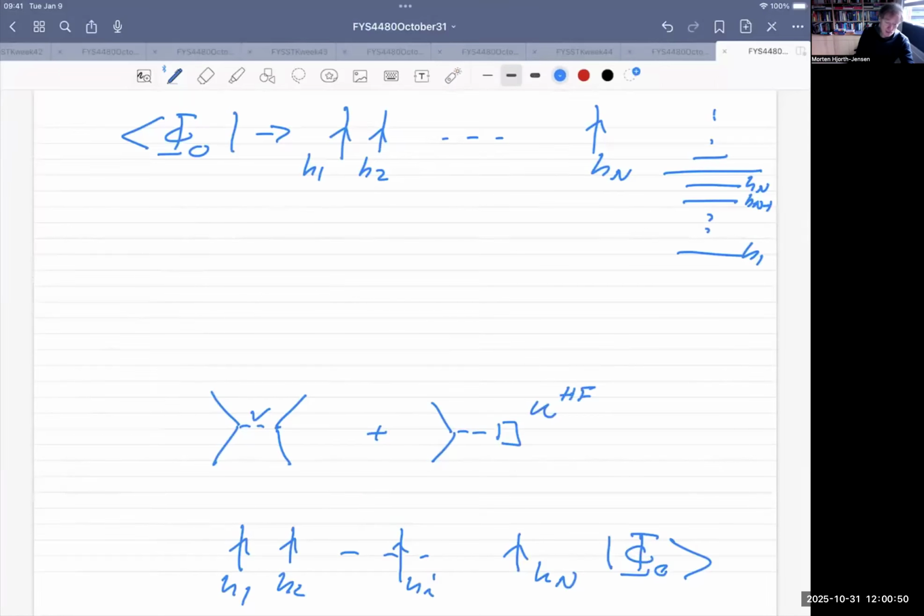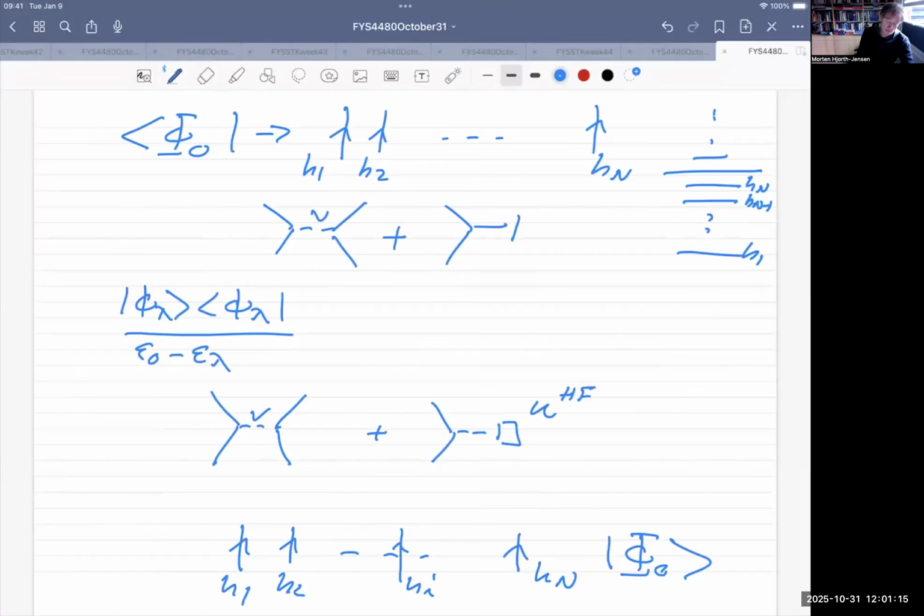Then in between, we have a new state, or we have this operator phi lambda, divided by the energy denominator, epsilon 0 minus epsilon lambda. And then we have a new interaction, which we just depict like this, plus this other interaction.